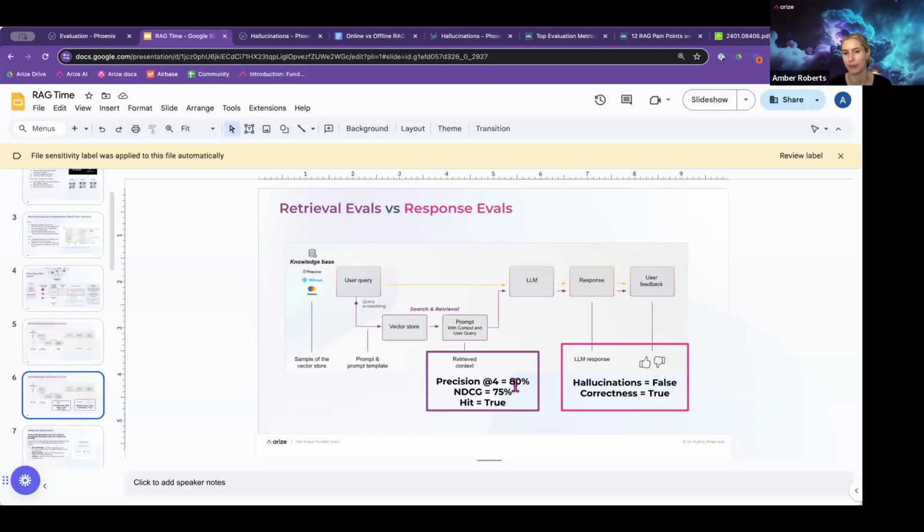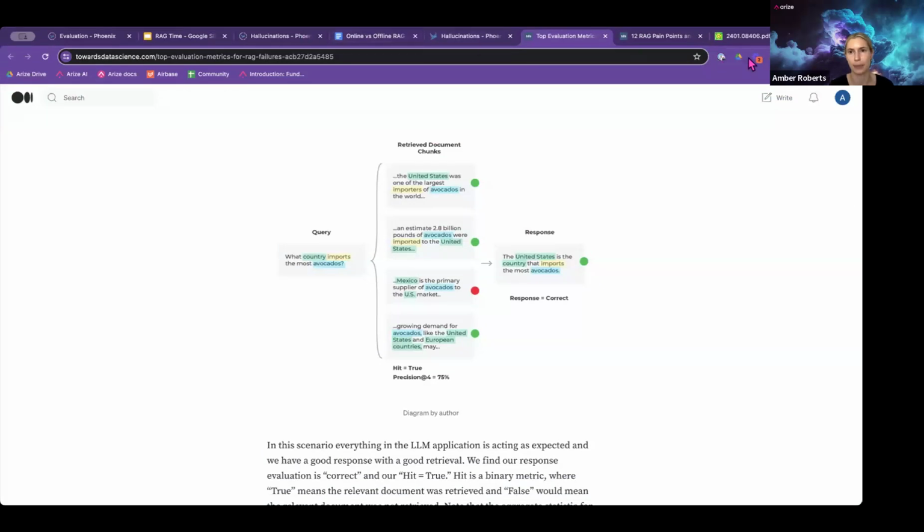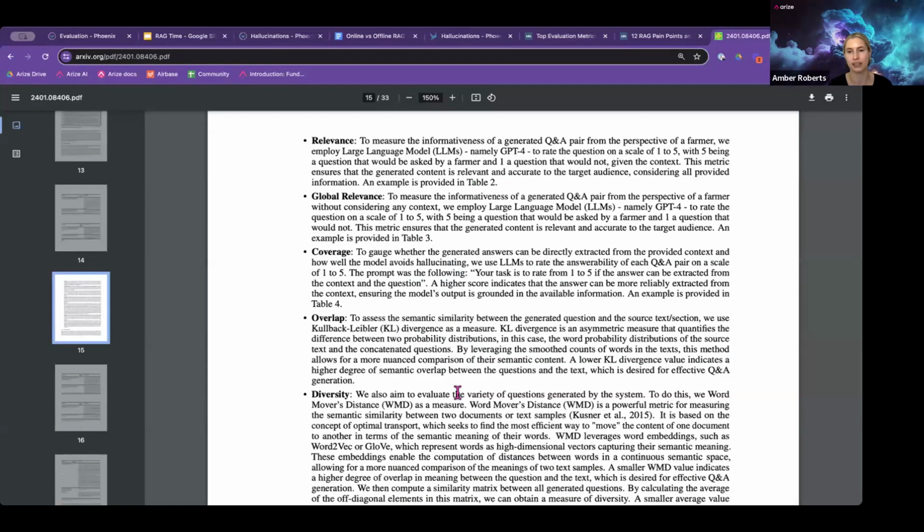So precision, NDCG, traditional ranking metrics. And I think commonly, instead of using a scale like 1 through 5, it's just: is this relevant or is this not relevant?